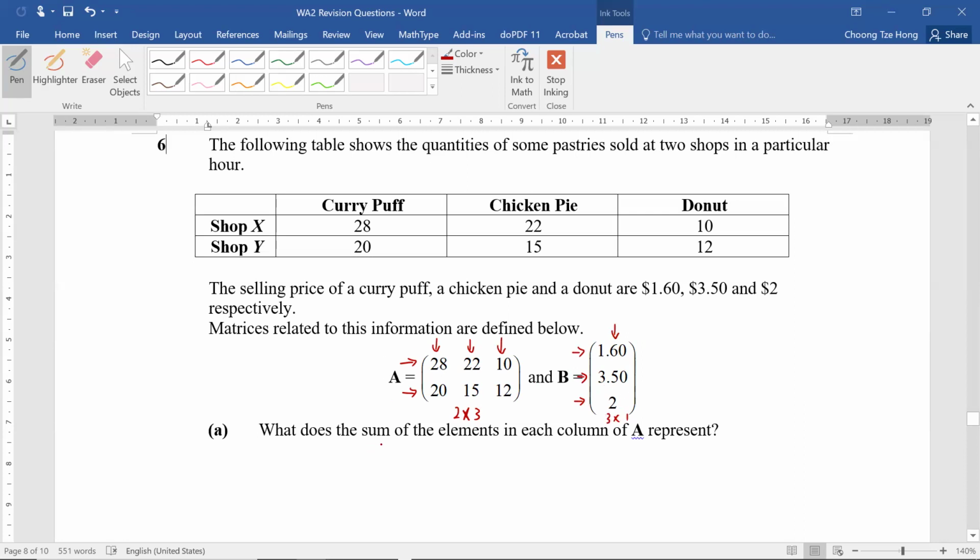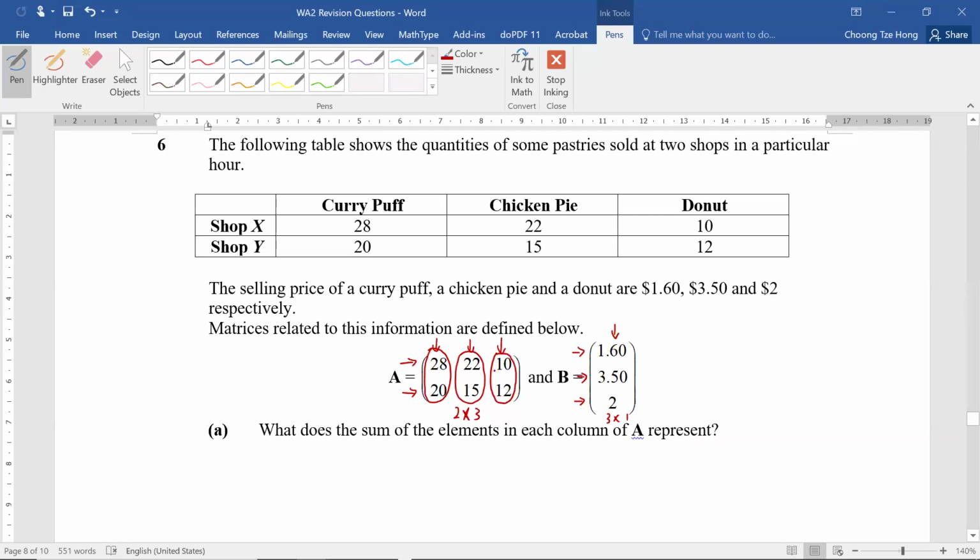In part A, we are asked what the sum of elements in each column of A represents. Column means vertically. So what does this 28 plus 20 represent? 22 plus 15? And then 10 plus 12?